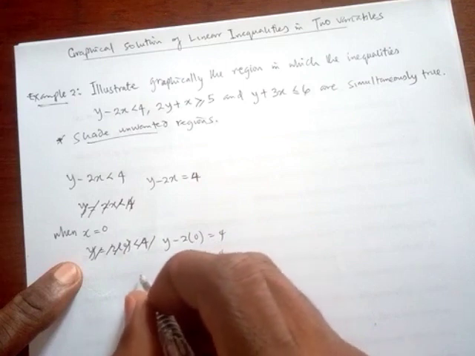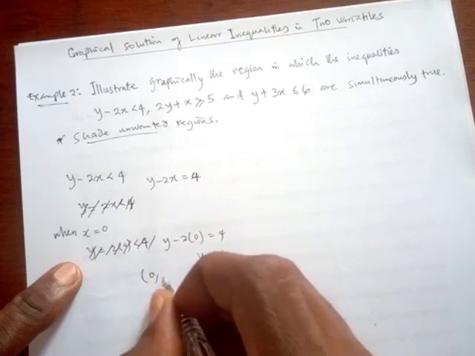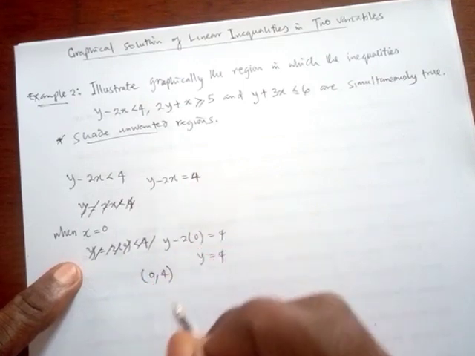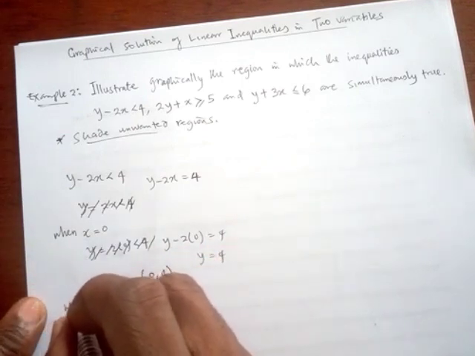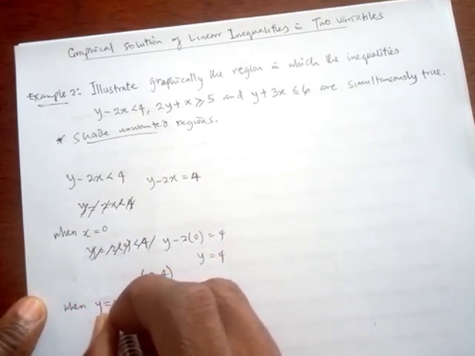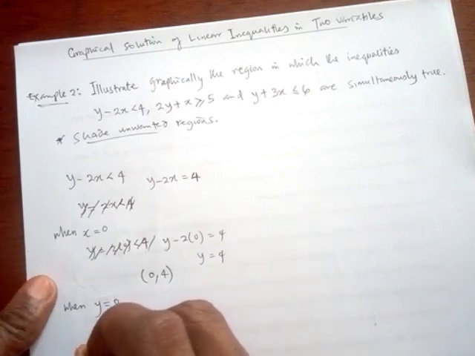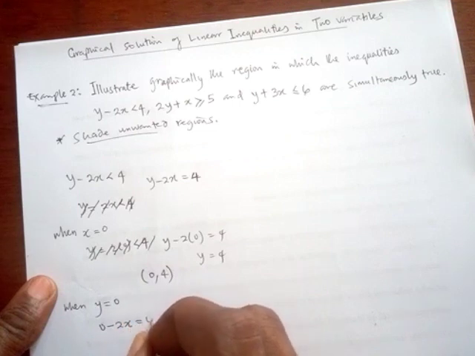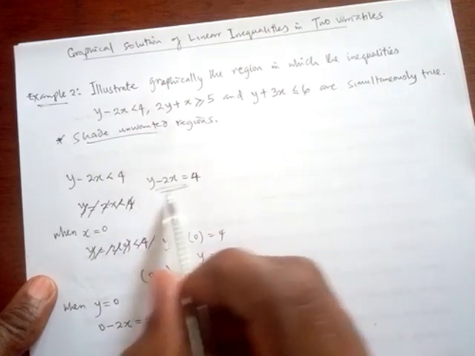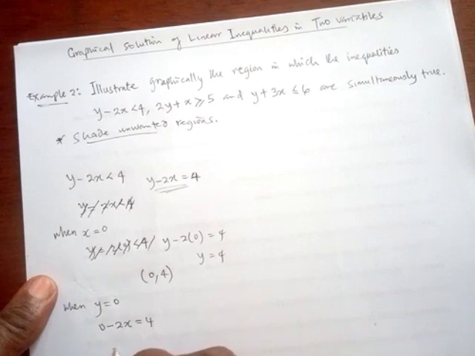So for this point, we have x as 0, comma y as 4. Next, when y is equal to 0, we have that 0 minus 2x is equal to 4. So minus 2x equal to 4, x becomes 4 divided by minus 2, x becomes minus 2. So for this point, we have minus 2, comma 0.